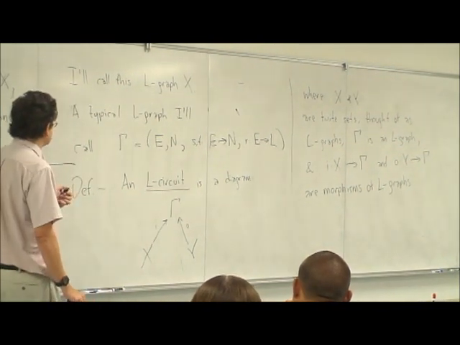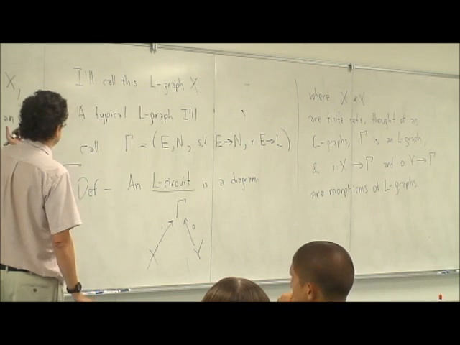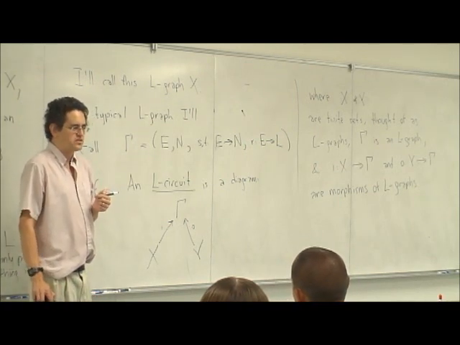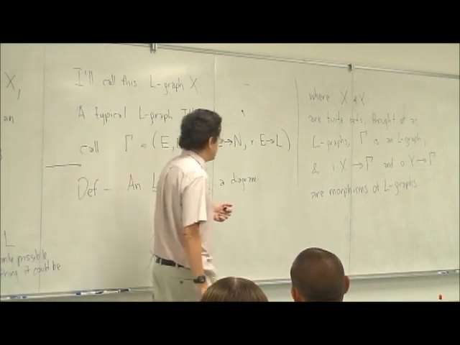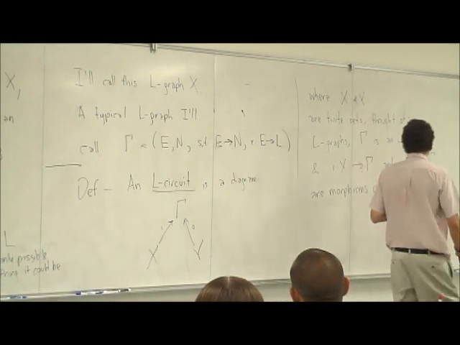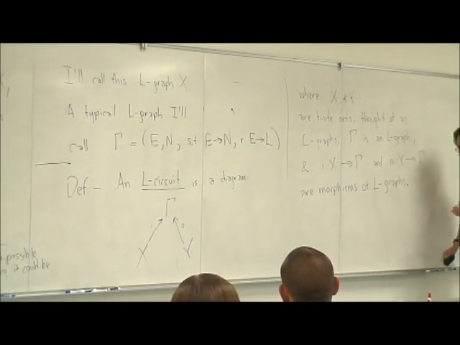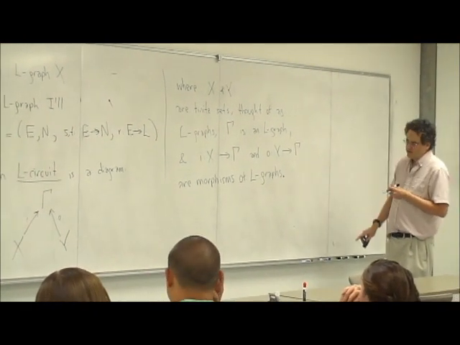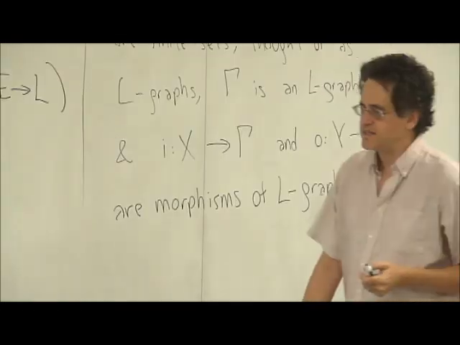And so as soon as I defined L graphs, which was a while ago, I should have told you what a map between L graphs was, what a morphism was. But I was somehow scared that you'd think that this was like a boring, typical math class, so I put it off for a while. Now I'm regretting it, because now we need to know. But it's okay. Now I will tell you.